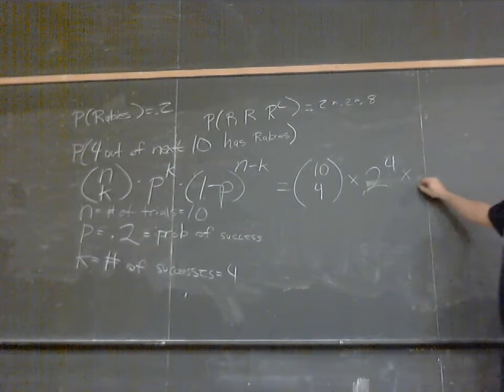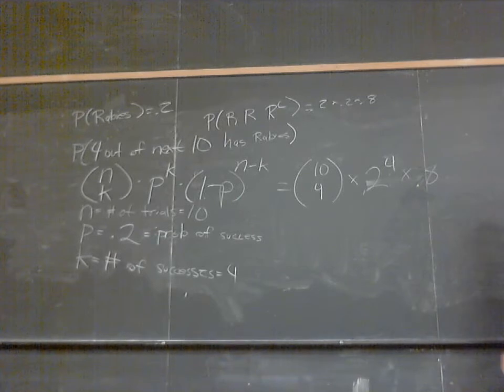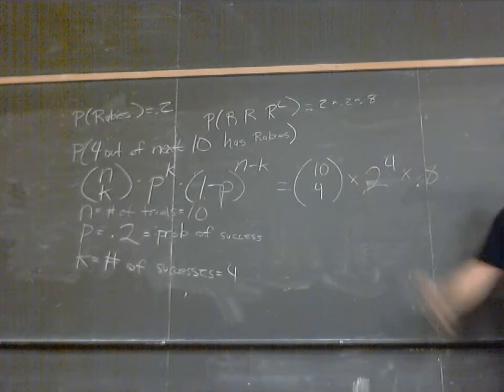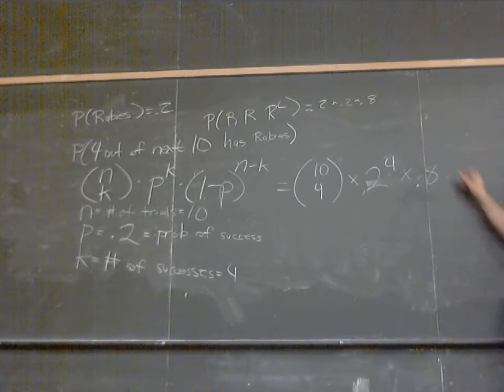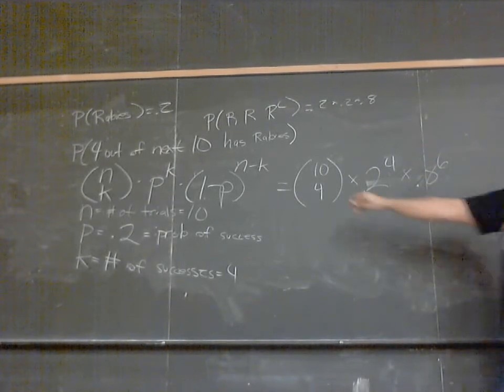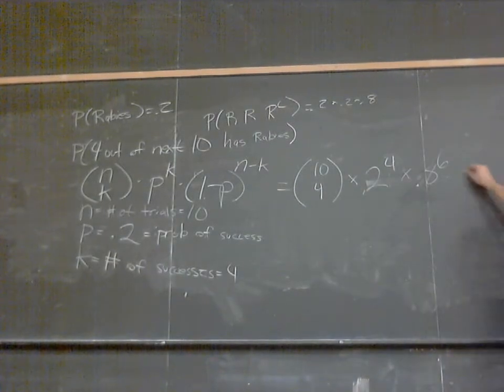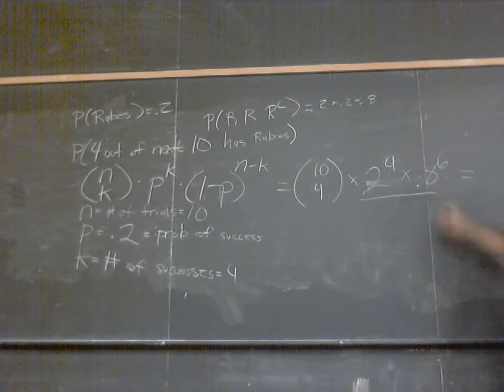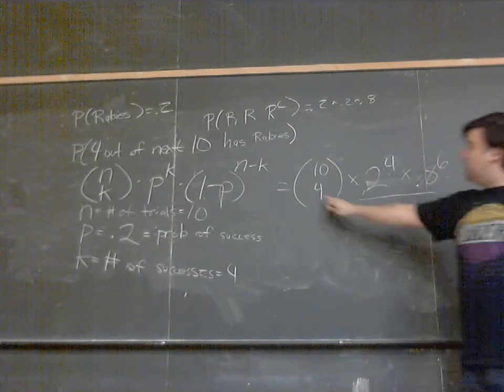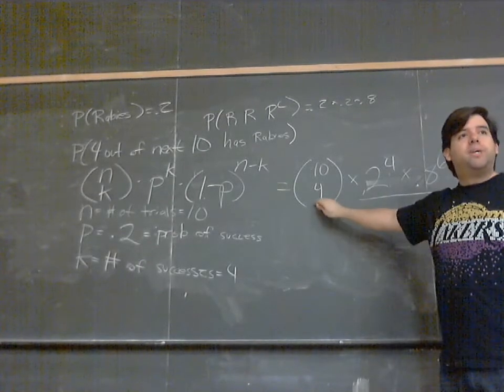Again, by the multiplication rule, I have an 80% chance a dog does not have rabies. That's 1 minus P. How many dogs don't have rabies if 4 out of 10 do? 6 out of 10. Normally we find it as n minus k, 10 minus 4. This is simple enough to put in your calculator. This, though, we need to actually find what it equals.